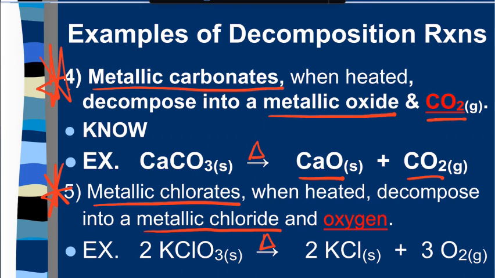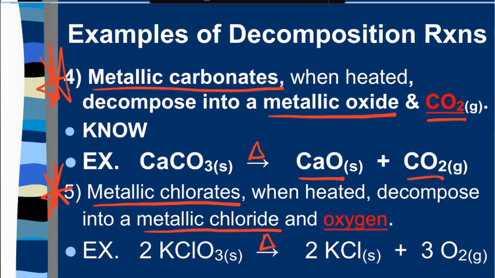So just take a look at that reactant. If I'm going to make a metal chloride, there we go, and what's left? Oxygen. And we know oxygen's diatomic and always comes in twos. So memorize, sure, or think about it. A metallic chlorate breaks down into a metal chloride and oxygen.